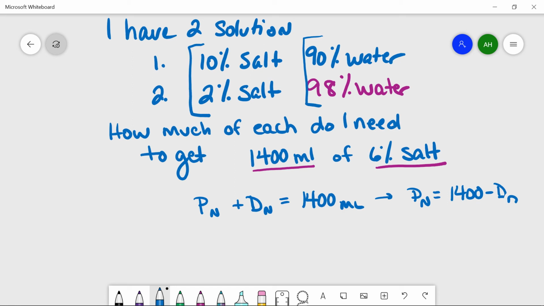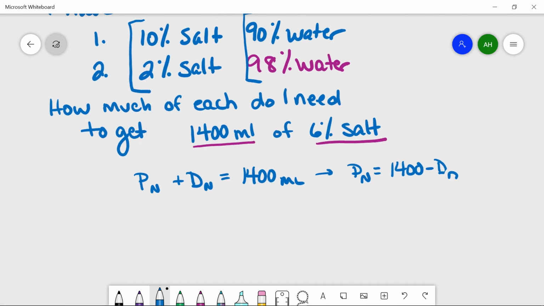Okay, so let's consider the water this time. So here we're going to call this 0.9 is what we're going to pour, plus 0.98 is what we're going to dump.